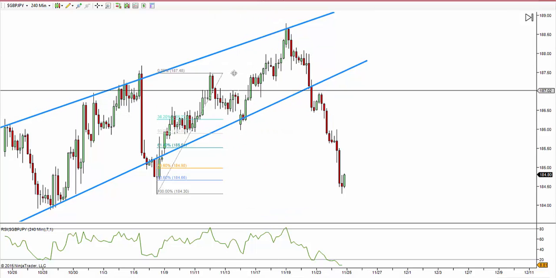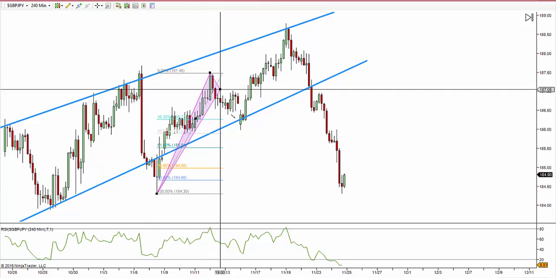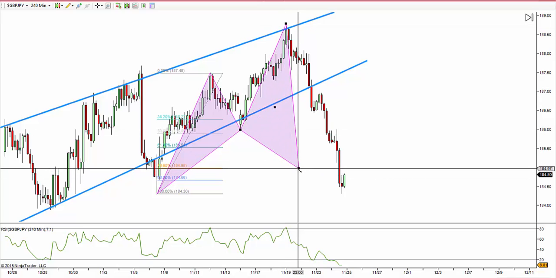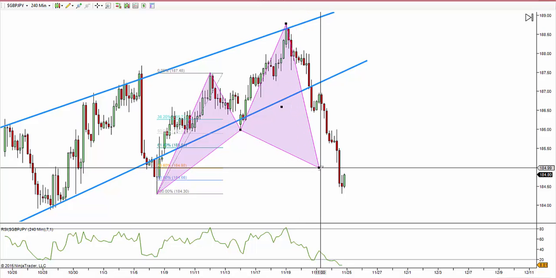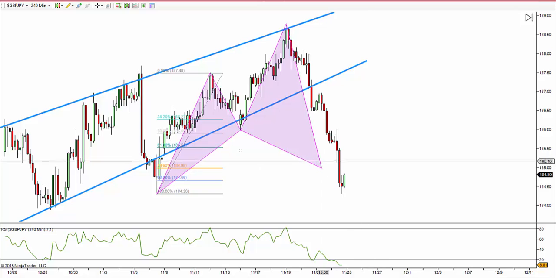So if I go ahead and delete that, and let's draw that one in, and we go X to A to B, B to C, and C to D at the 78.6 level down there. I'm going to move that because I think it looks better, like that. It was a little bit ugly having it drawn down there.